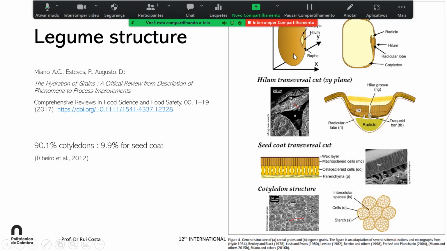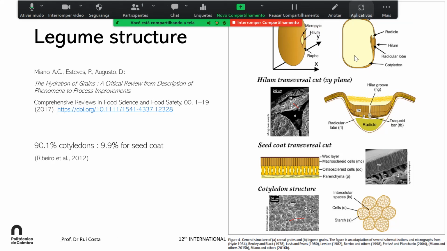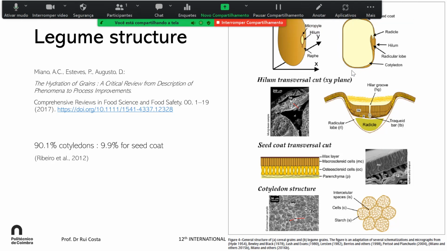So you see here, there is a seed coat, and also there are some holes, the hilum, the micropyle. Here you can see it in another way, how it is cut. So the seed coat is more brown, and the yellow is the cotyledon. And this, the hilum, it's here expanded.